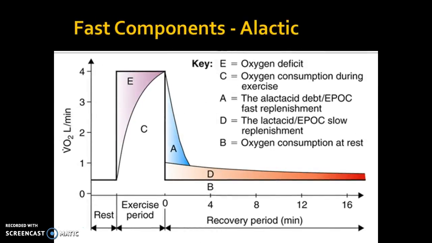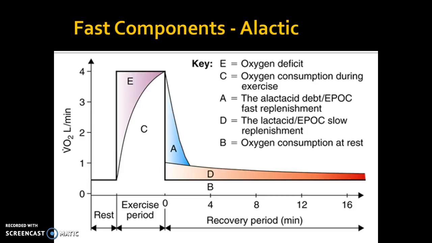So the fast components of recovery are the alactic components. On this diagram we have this graph. The alactic phase of recovery is labelled A. So this is alactic debt and EPOC. This is EPOC as well, because it's the excess post-exercise oxygen consumption above resting levels.